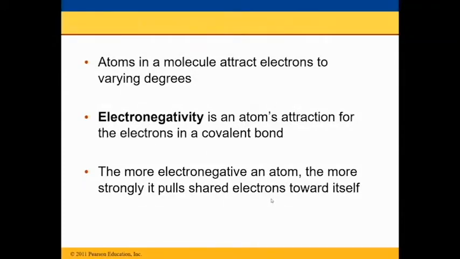And then we also talk about electronegativity. Basically, that's the ability of an atom to attract electrons in a covalent bond. From the upper right, they have the strongest electronegativity, like oxygen and fluorine, and the lower left have lower electronegativity.